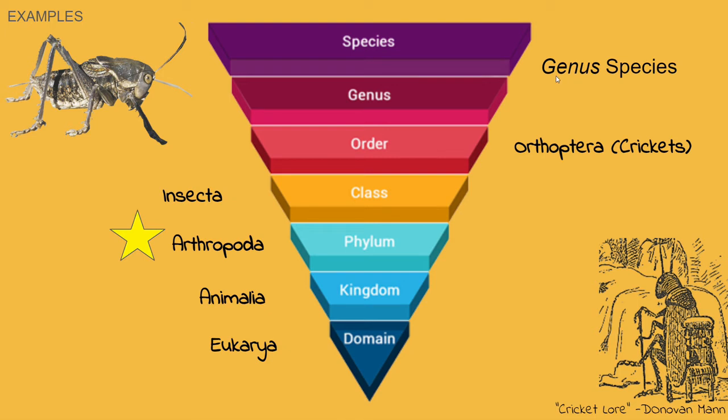Something to keep in mind is that genus is italicized and species is not, and it's in that order when you're giving the scientific name of an organism. And then, I want to ask you guys if you know what this stuff is called, because if you don't, you're going to have to learn it for the big exam.